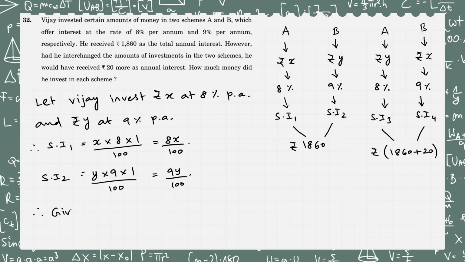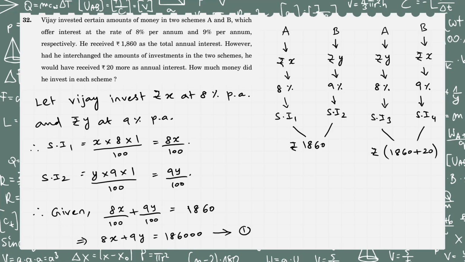Therefore, what is given? Given 8x by 100 plus 9y by 100 equal to 1860, and we have to simplify this equation. Take 100 as LCM for the left hand side, and that 100 can be sent to the right side numerator. So we can write this like 8x plus 9y equal to 1860 into 100 will be 1,86,000, right? This is our equation number 1.